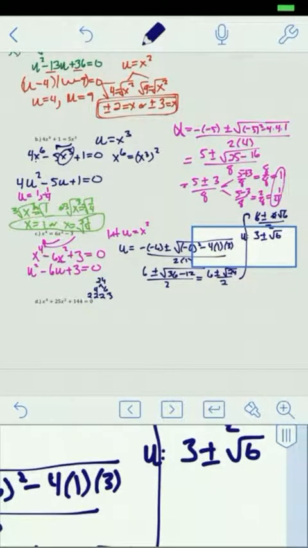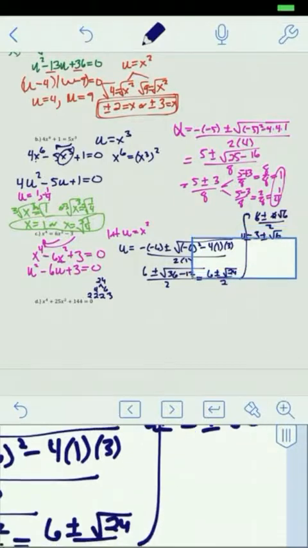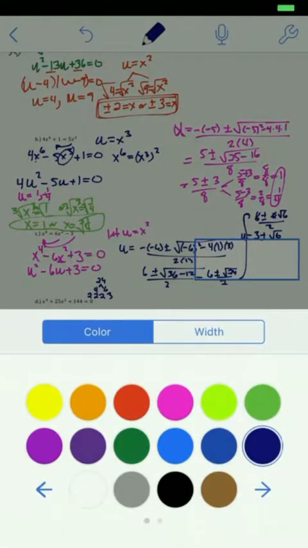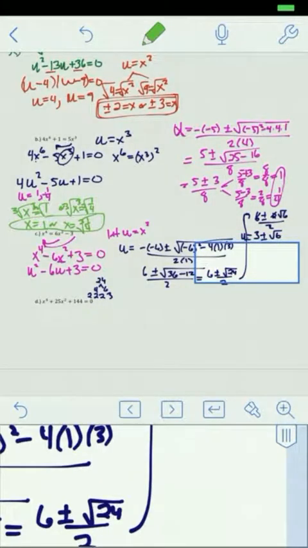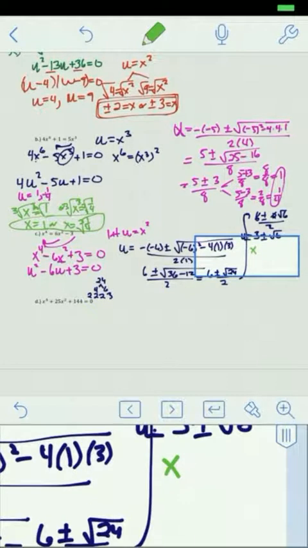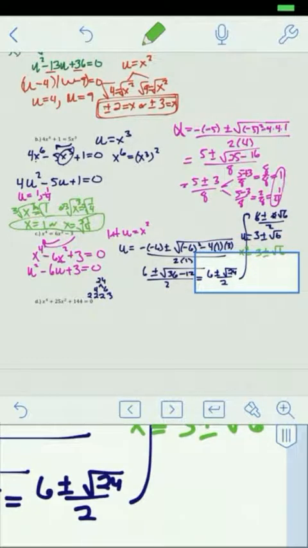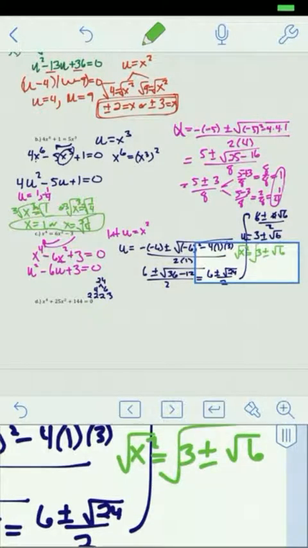So that's what u equals. And in other words, that is what x squared equals. So x squared is equal to 3 plus or minus root 6. Take the square root of both sides.